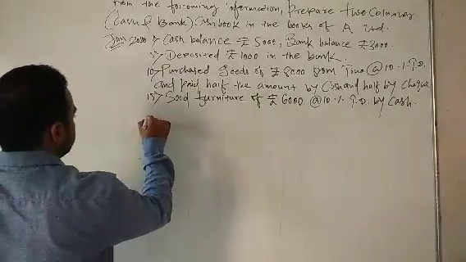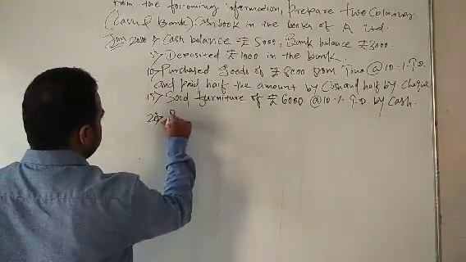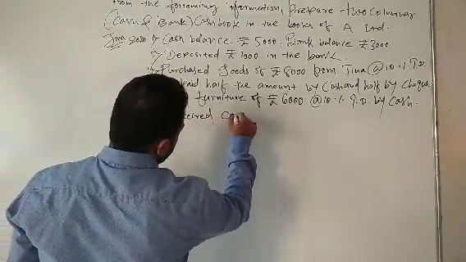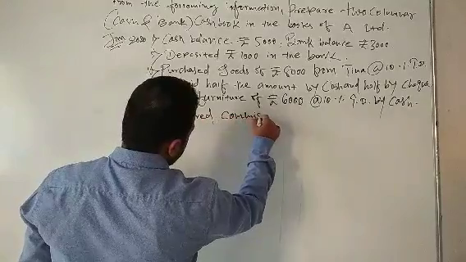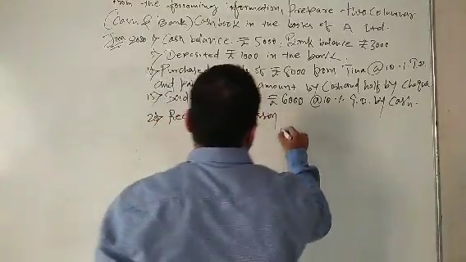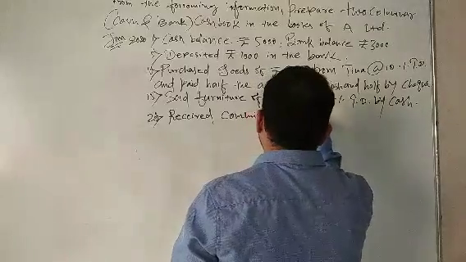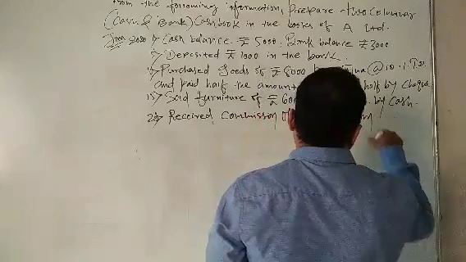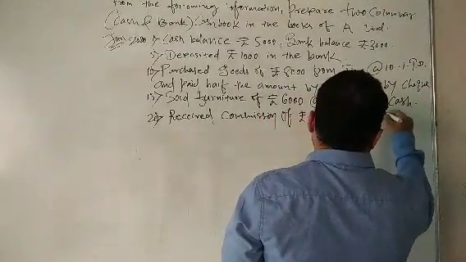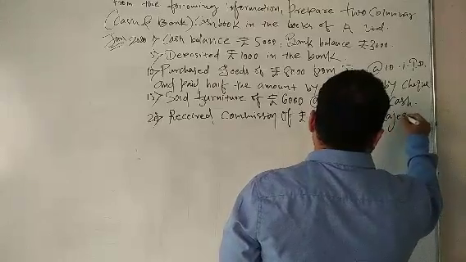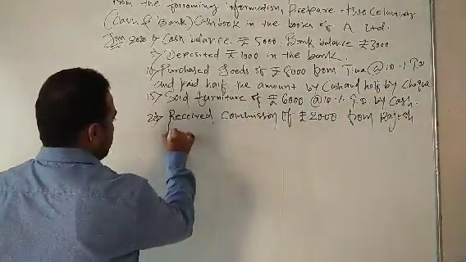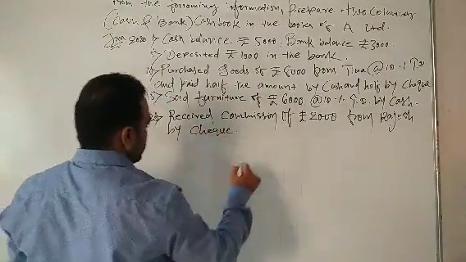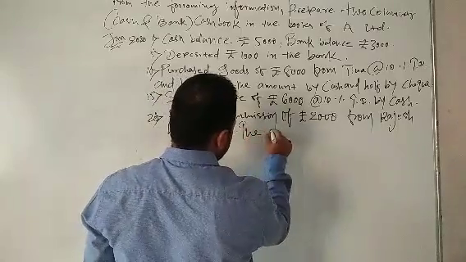Next transaction, students, received commission of rupees 2,000 from Rajesh by check. The check is deposited in the bank.